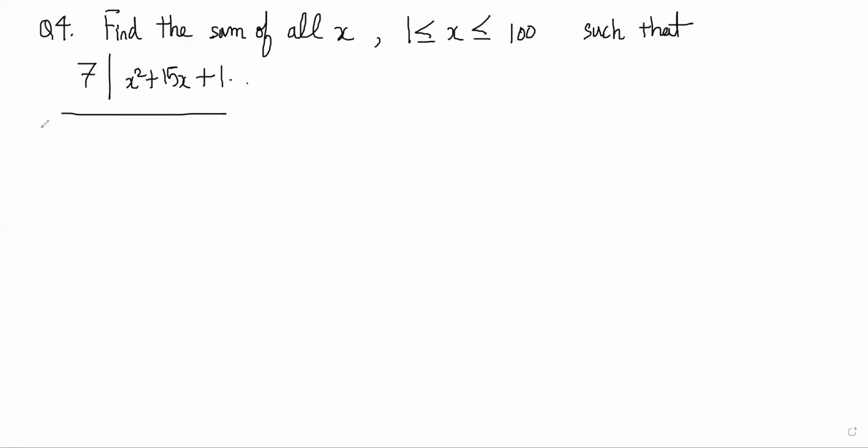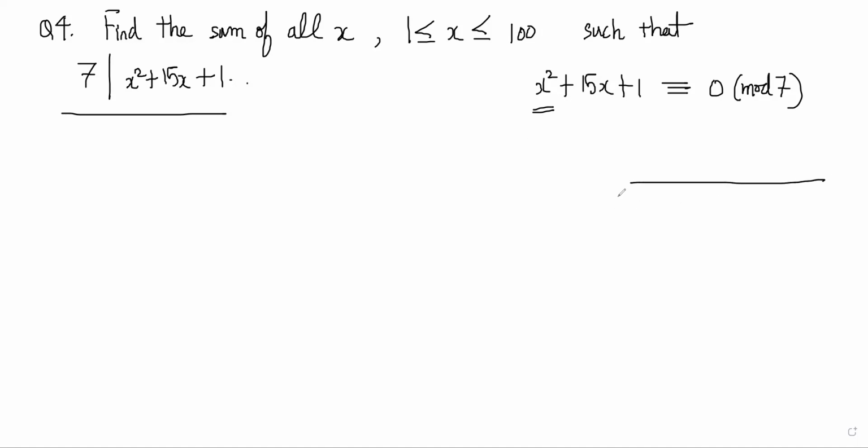Okay, so this is a problem where you need to figure out the quadratic residues mod 7, right? So basically what we want is x square plus 15x plus 1 should be 0 mod 7, right? So then we have to think about what happens to x square. What are the possible quadratic residues of x square mod 7? So let's do it on the side here.